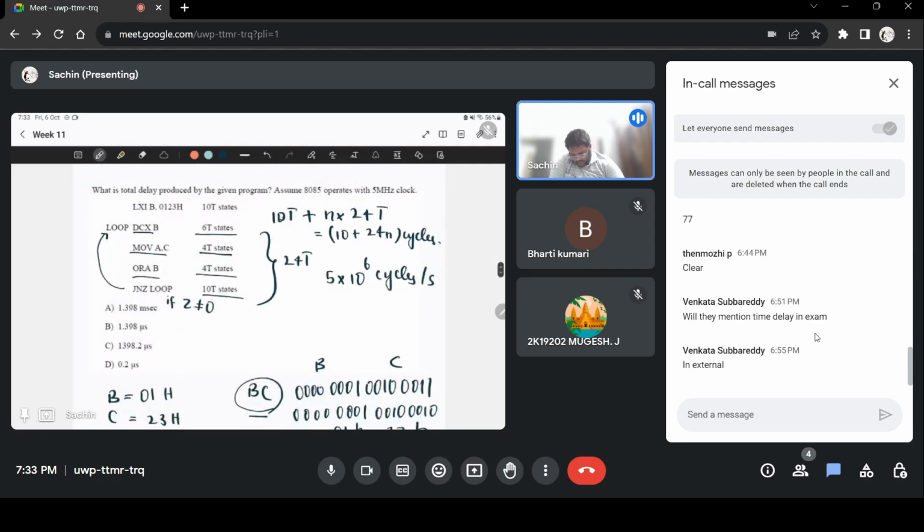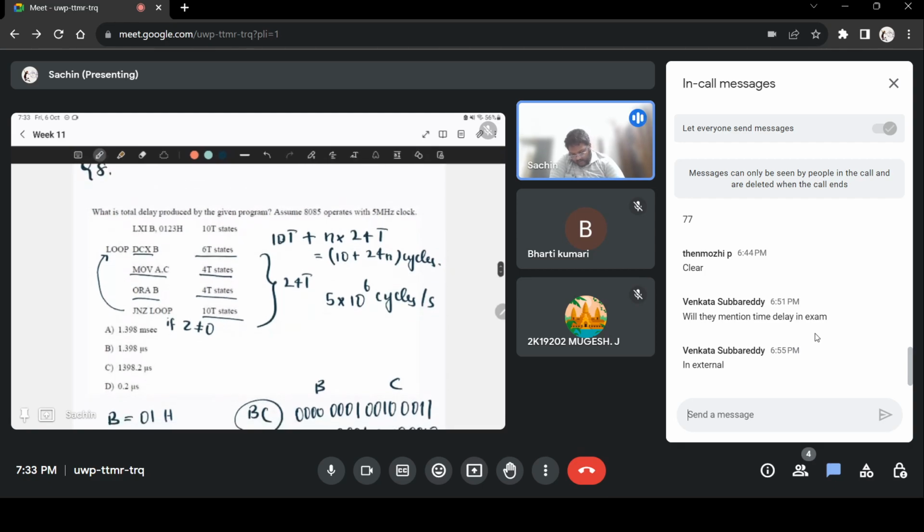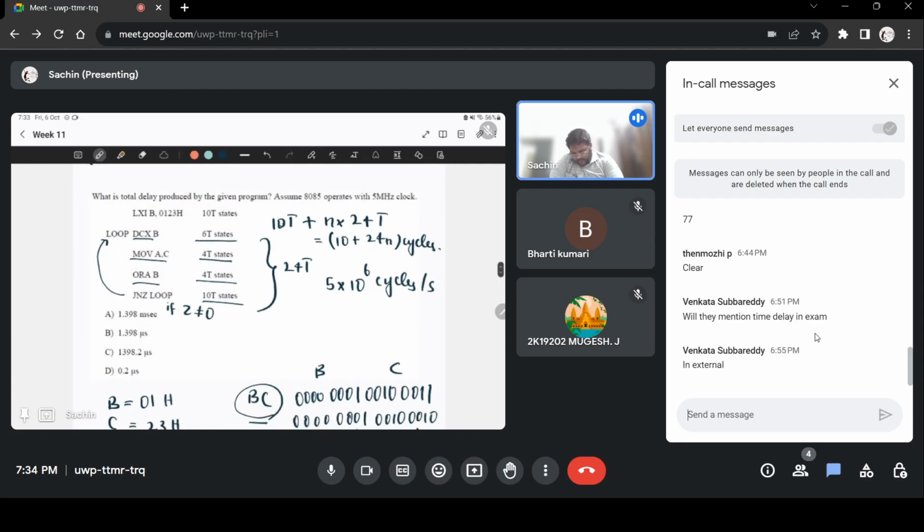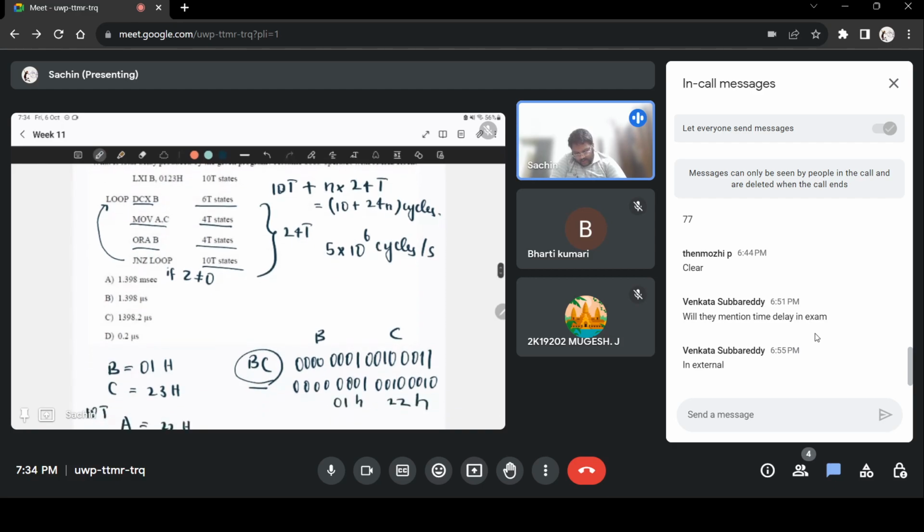But you understood the method to do it, right? You have to calculate how many times this loop occurs, and then the first instruction LXI takes 10 cycles, so the total number of cycles will be 10 plus, and each of these loops takes 24 cycles, 6 plus 4 plus 4 plus 10. So the total number of cycles will be 10 plus 24n, and you take 5 into 10 power 6 cycles in 1 second.